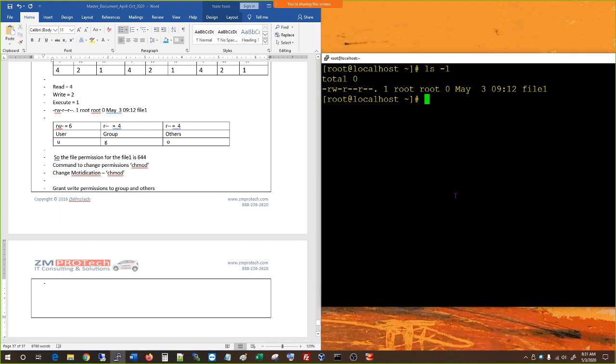Okay, the command I'm going to use is chmod. Okay, that's the command I already told you. Okay, so now I want to have this permission here for this group. I want to keep the same permission for users, which is already read write.